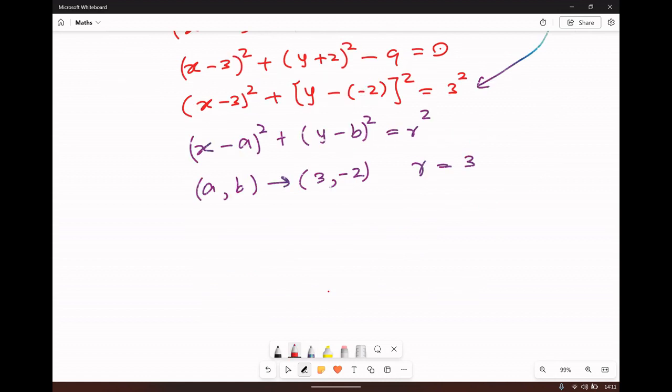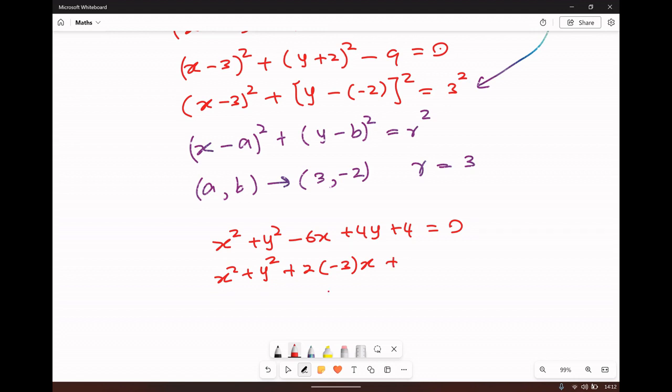If some of you don't like to convert that into the other format, we can still get it from x squared plus y squared minus 6x plus 4y plus 4 is equal to 0. Here what I said was we can rearrange a little bit: x squared plus y squared, and we want to get a plus sign here. We could write 2 times minus 3 times x, and then plus 2 times 2 times y, plus 4 is equal to 0.